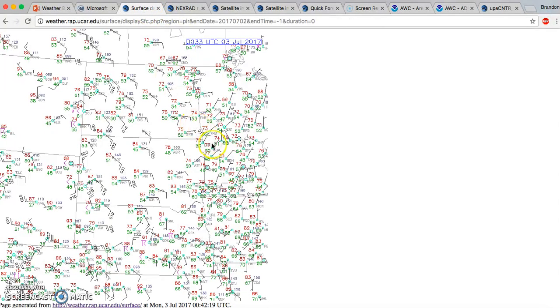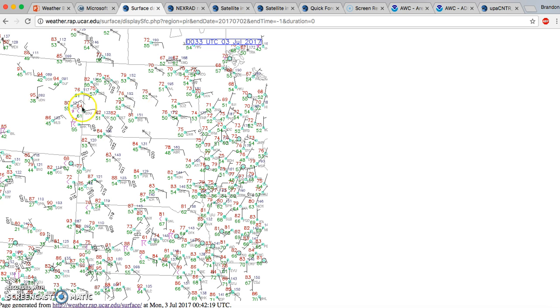And just looking at the surface, you can see that our area is not real warm, but nice and clear, nice low 70s, which is just perfect. It's clear skies, though as we saw in the last satellite picture, there are some low clouds, but not enough to be any trouble.